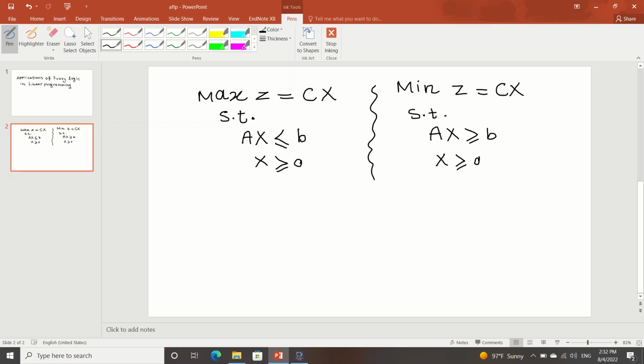Okay, we want to use the fuzzy logic or fuzzy numbers, for example, trapezoidal fuzzy numbers or triangular fuzzy numbers in this structure, and then we must convert the fuzzy mathematical programming model or linear programming model to the crisp or deterministic structure of linear programming model.